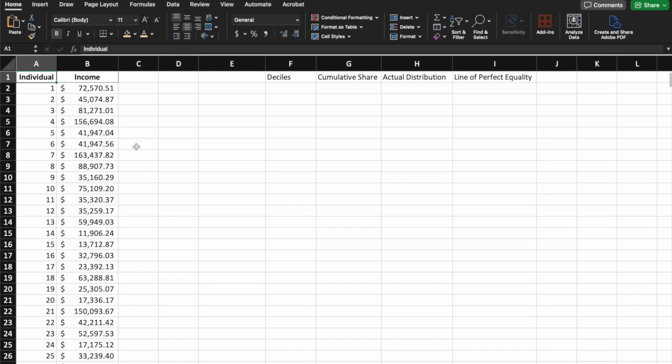So if you think about a perfectly equal society, the bottom 10% should have 10% of all of the wealth. And the next 10% should also have 10% of the wealth. And all the way up to the top 10%, which should also just have 10% of the wealth.